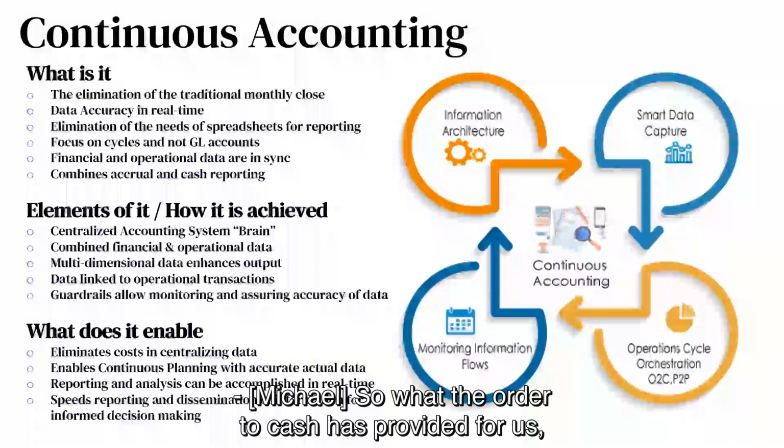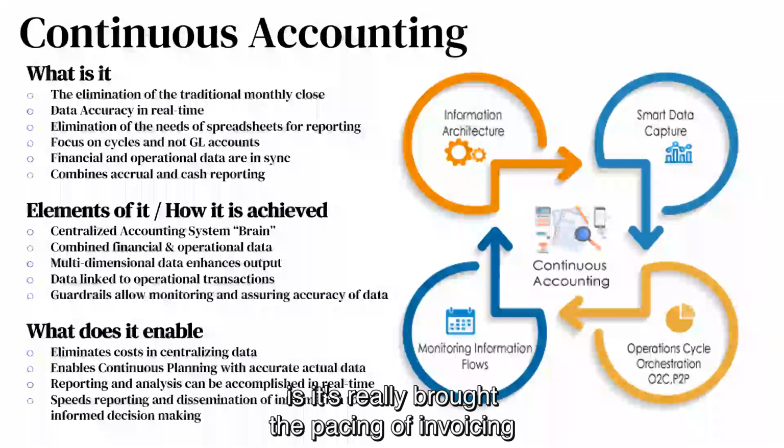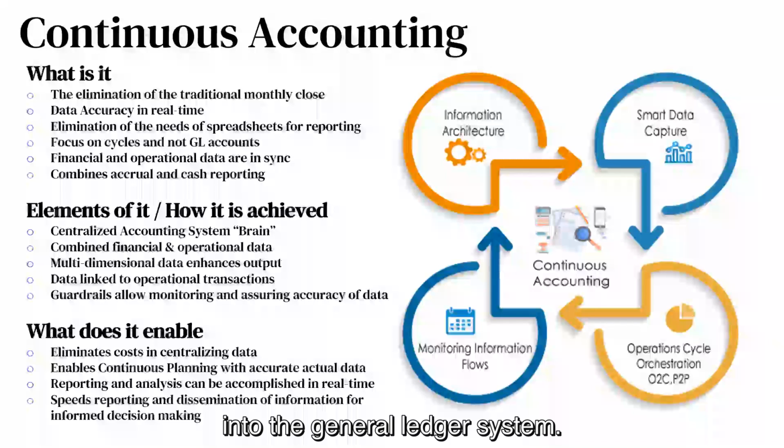So what the order to cash has provided for us and will continue to provide as we build out the process is it's really brought the pacing of invoicing and the revenue recognition at that contract level into the general ledger system.